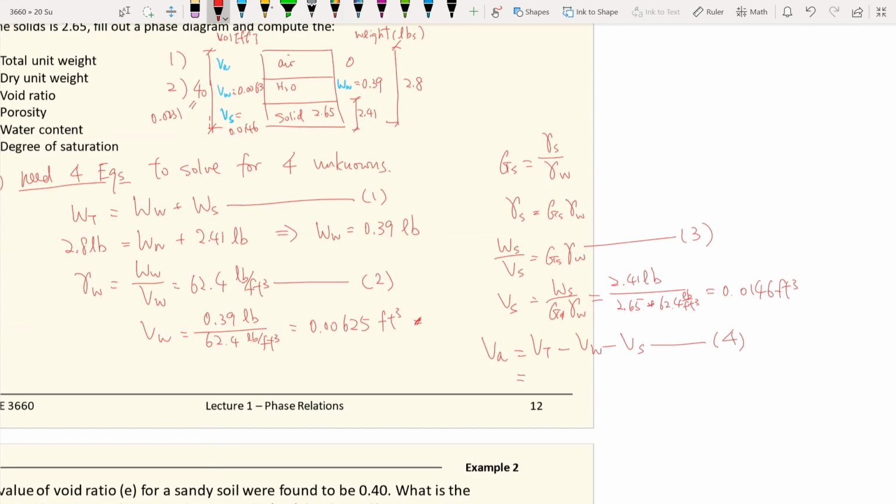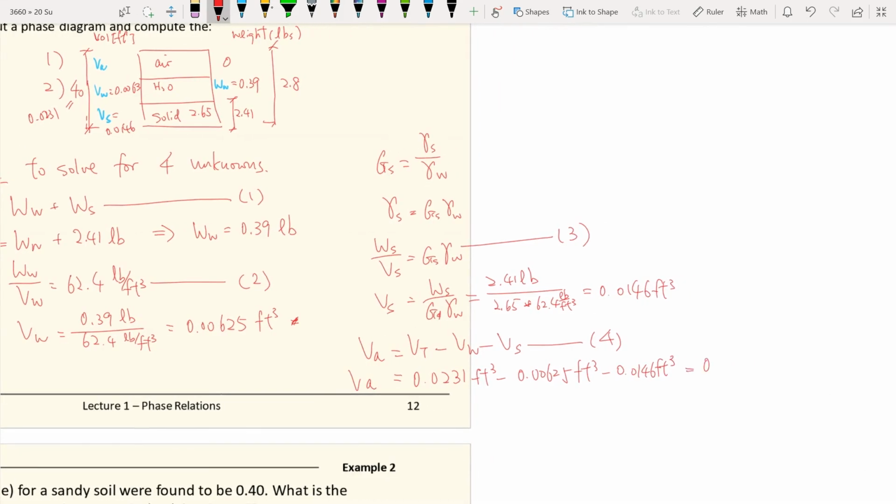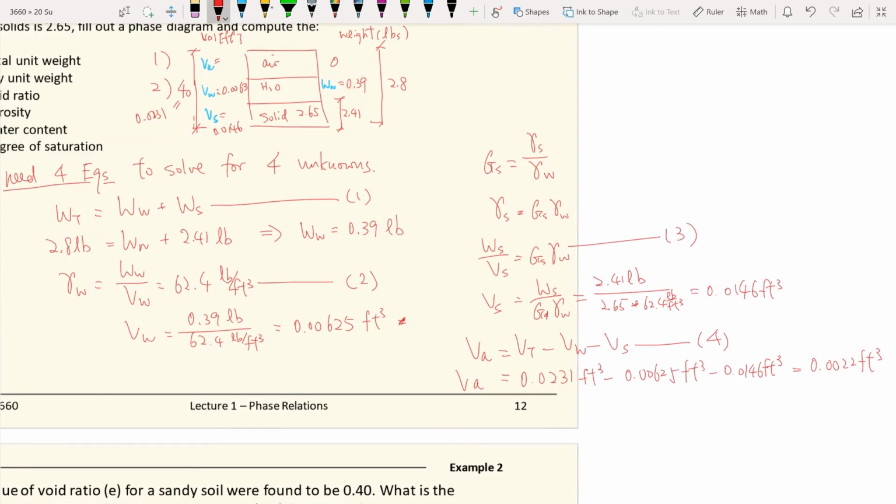The total volume equals 40 cubic inch, which equals 0.0231 cubic feet, minus the 2 that we just found out previously. And the volume of air eventually equals 0.0022 cubic feet. So we also found out the volume of air.